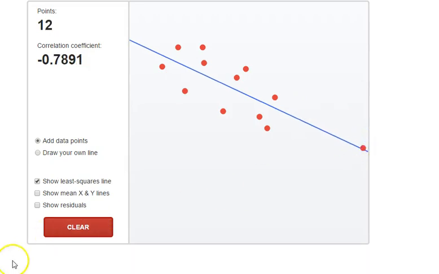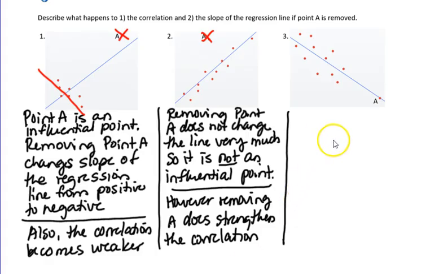So let's go ahead and summarize that in our notes. I do want to add one more point: notice this is above, or at least approximately above, x bar. That's why it has little leverage. It has little leverage, and so that's why it doesn't have much of an influence on how the line moves.